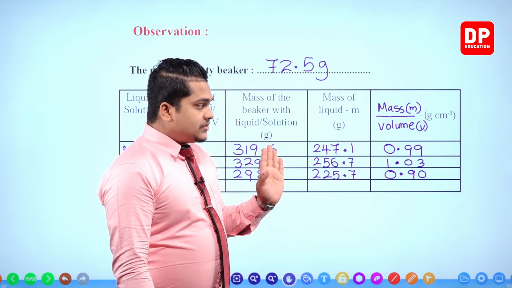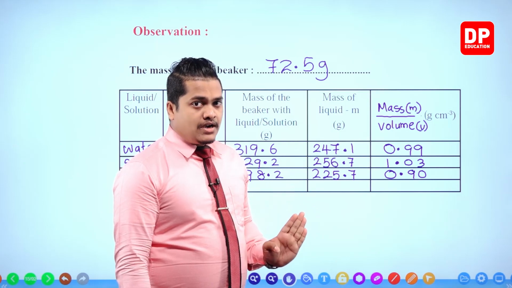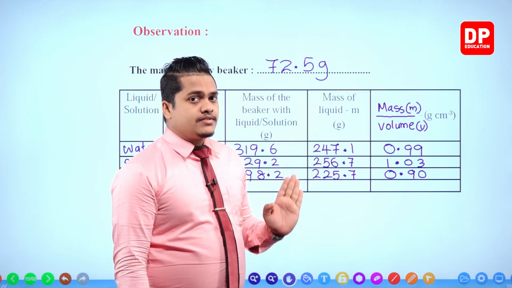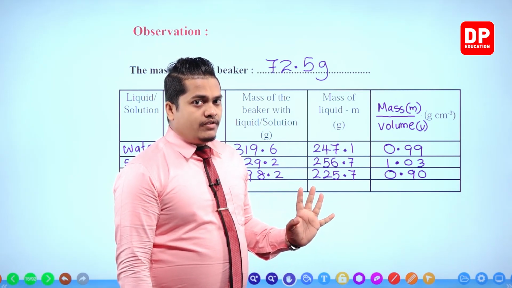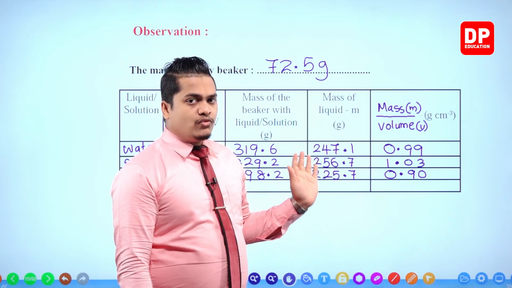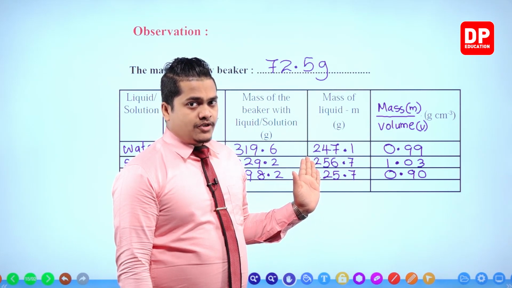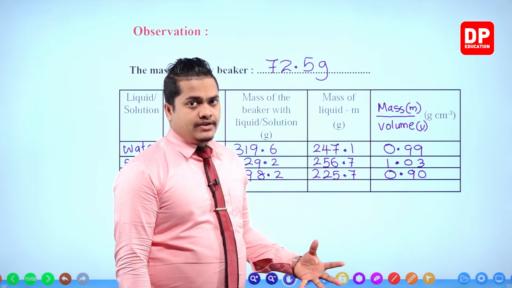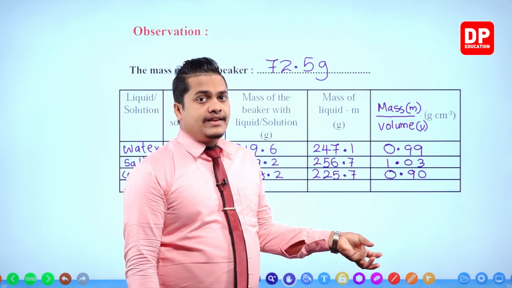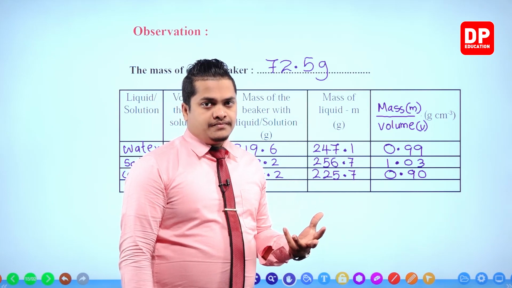In each of those instances, we could get the same answer because there was no substance dissolved in it. But when you change the substance, or when you dissolve certain things in water, especially salt or sugar or any substance which dissolves readily in water, the density is going to change as it is a mixture.